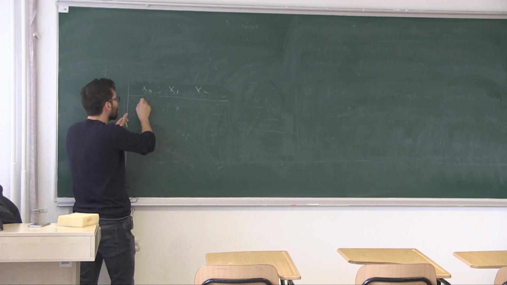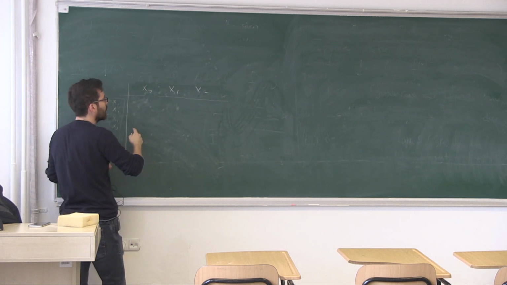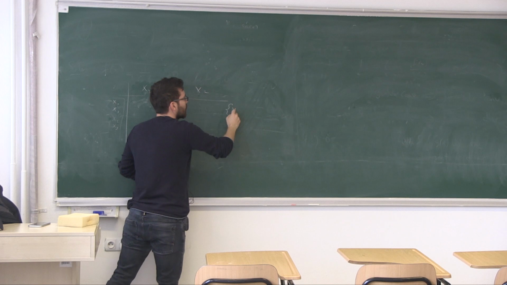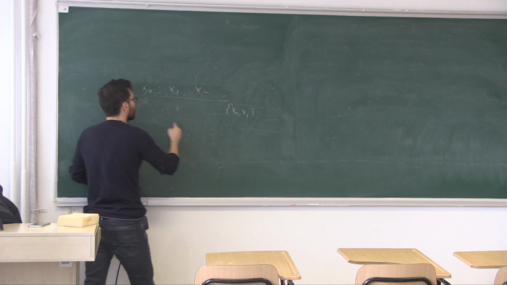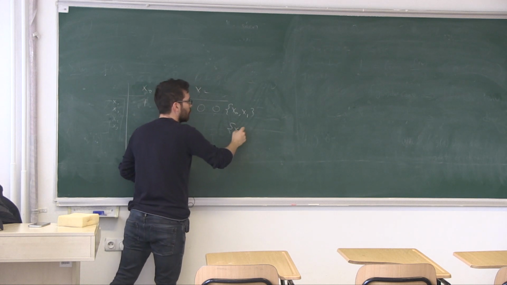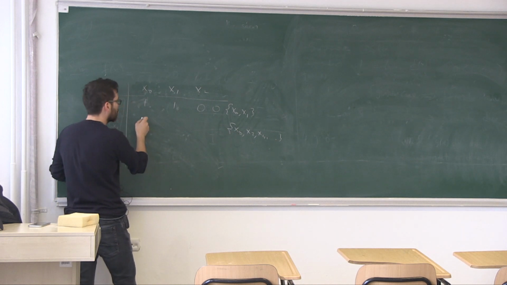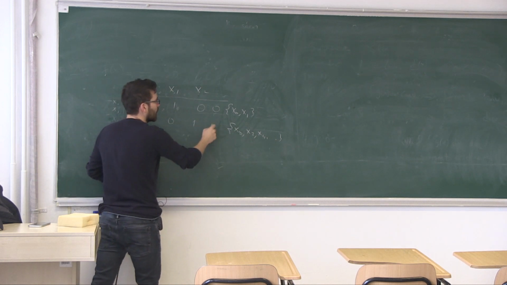Then, for any subset of X you want to list here, you're going to put zeros and ones here, okay? Let's say that you want to consider this subset. Then you're going to put a 1, 1 here and 0, 0, 0 for the rest. Let's say that you want to consider this subset. Then you're going to put a 1, a 0, and 1, and 0, and so on.